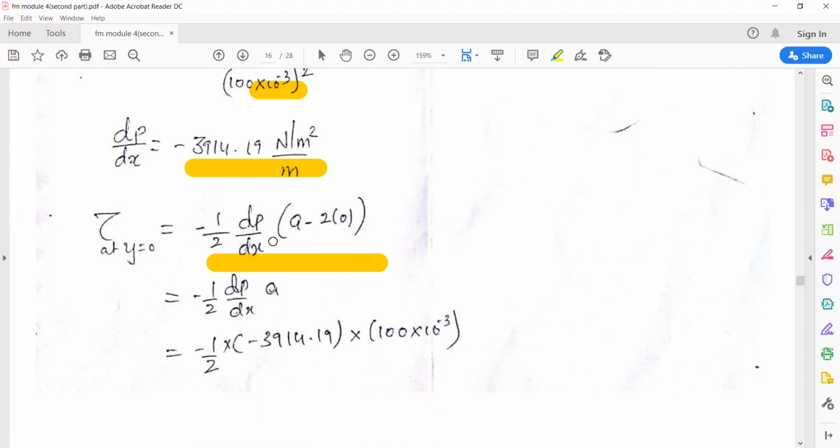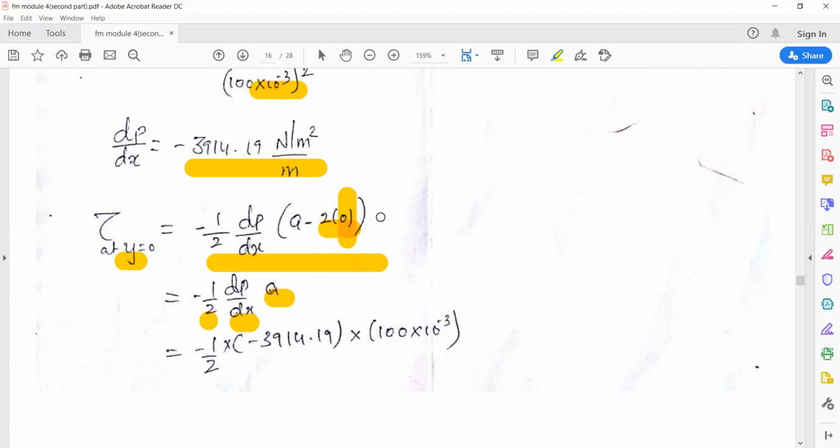For the shear stress distribution in the parallel plate derivation, we have this expression: tau is equal to minus 1 by 2 into dp by dx into a minus 2y. When y is equal to 0, 2y becomes 0 in this expression, and the remaining equation becomes minus 1 by 2 into dp by dx into a.